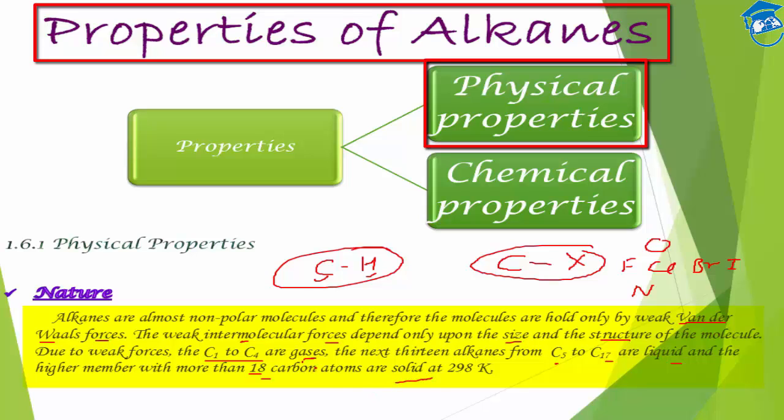So 1 to 4 gaseous, weak, then 5 to 17 intermediate, so liquid state, and then above 18 it will be more strong, so it will be solid at room temperature.